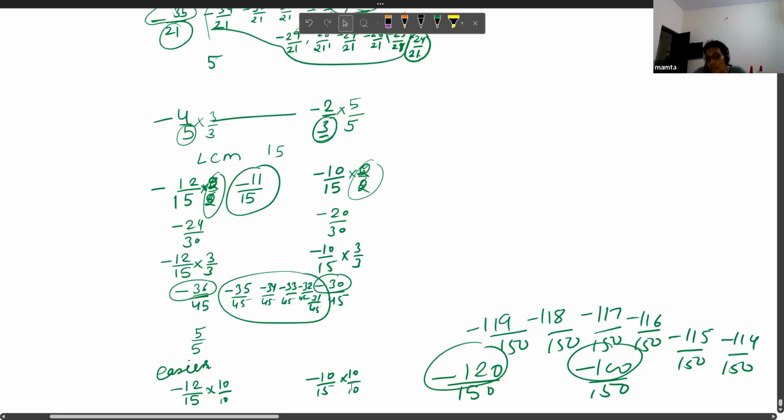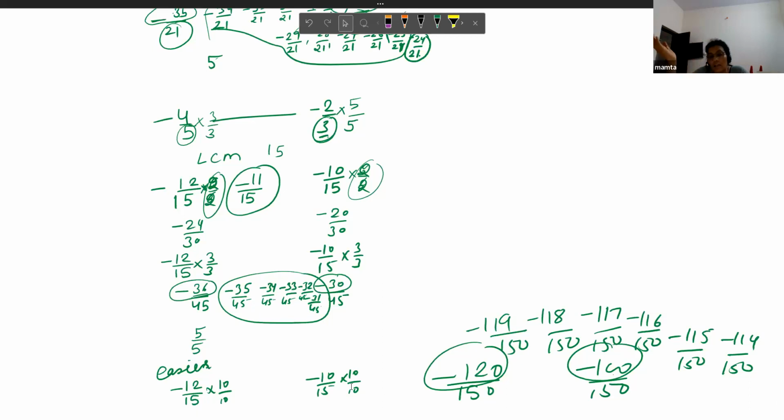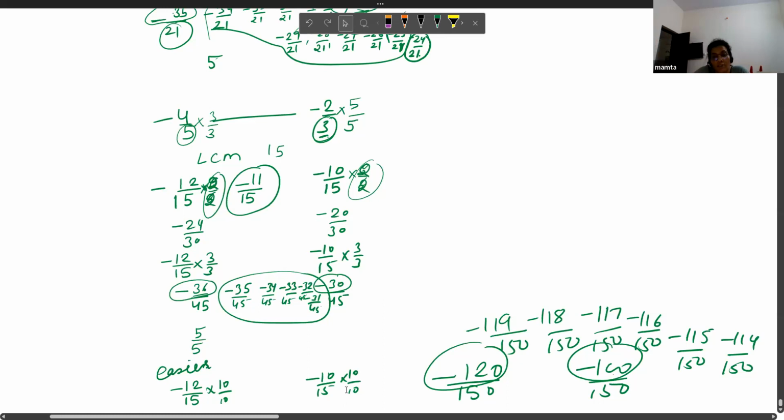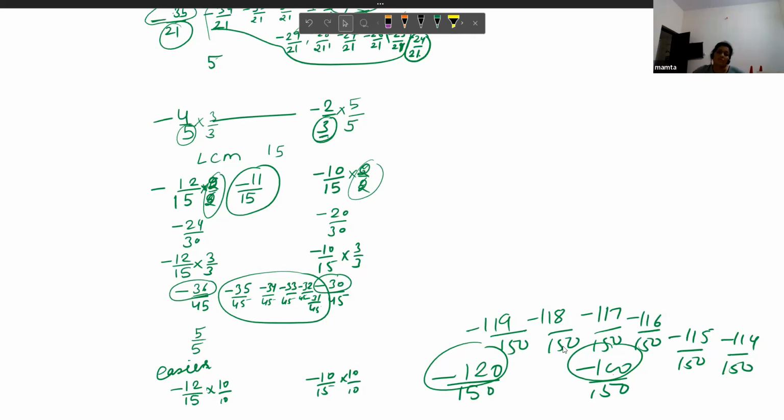Someone can multiply with 10, another with 6, 7, 8, 9, any number. So everyone will have a different answer. Clear, children? Any doubt?